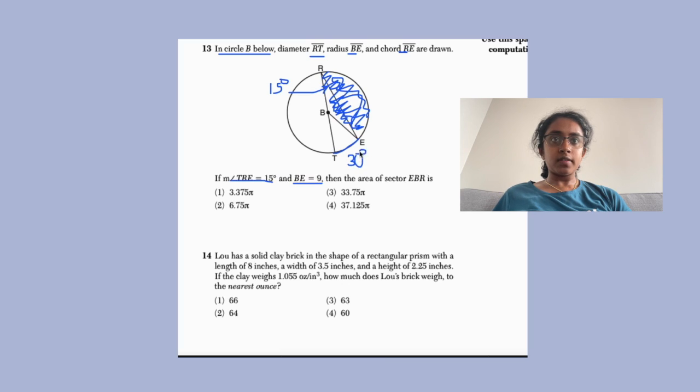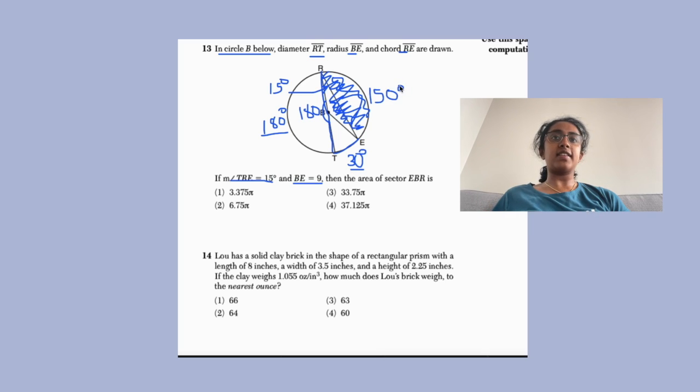RT is a diameter. That means the central angle is 180 degrees. What is 180 plus 30? 210. Meaning that this part right here is 150 because a circle's degrees is 360.